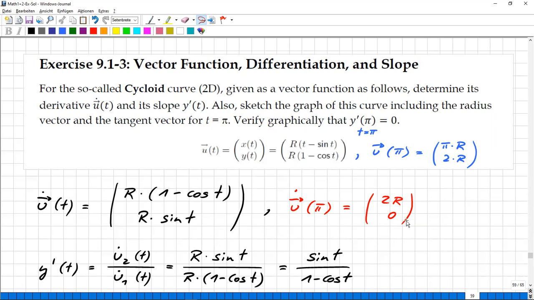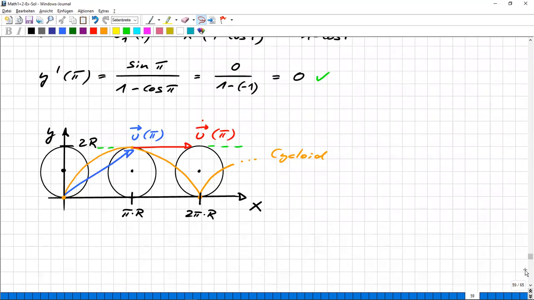So that's it, 2r and 0, and that's what you see here, the red vector, which correctly describes the tangent direction, and also, as you know, its absolute value sort of describes the speed by which this curve is traversed momentarily. So that's quite a nice view.